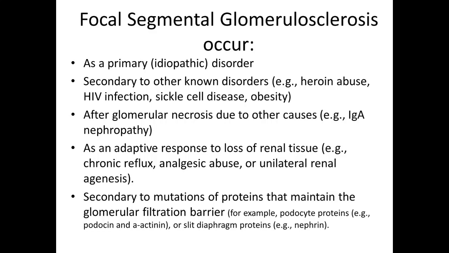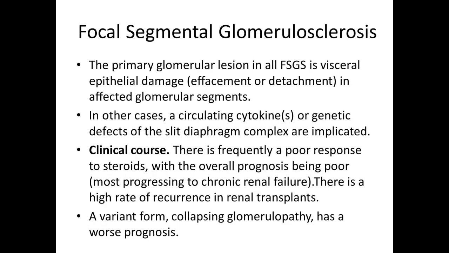Outcome will always be chronic renal insufficiency and chronic renal failure, and clinically it develops with nephrotic syndrome, which is resistant to steroid therapy, and hematuria with progressive clinical course.